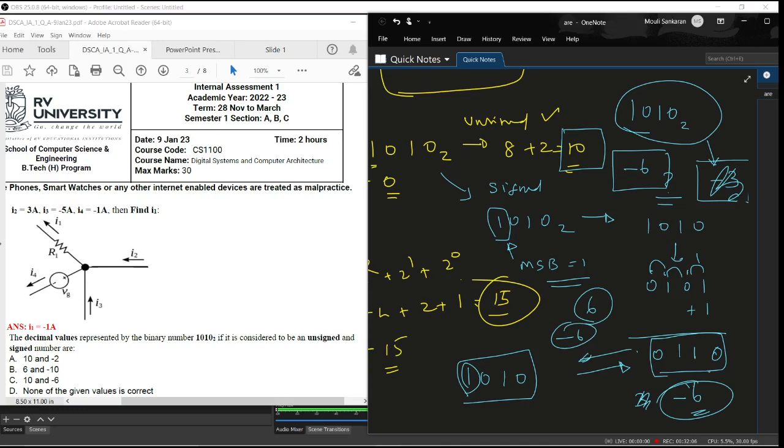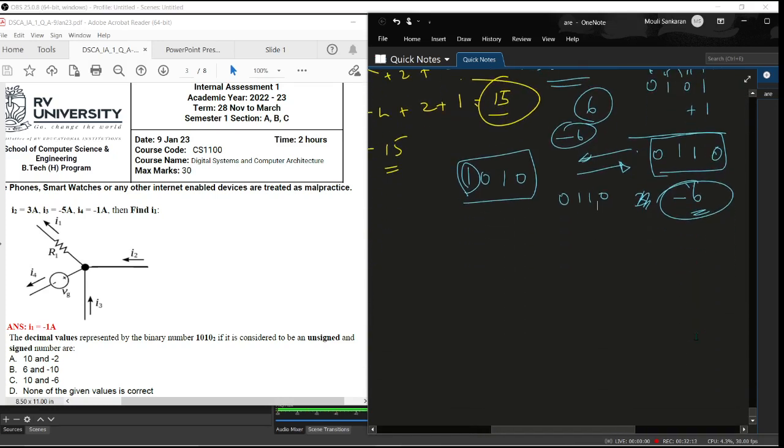So go back from here. Suppose you are given a number 6 and you are asked to find the signed representation of this number. What do you do? You find the 2's complement. So 1001 plus 1. Then it will be 01. There will be a carry, so that 1 will come here and there is no carry here.